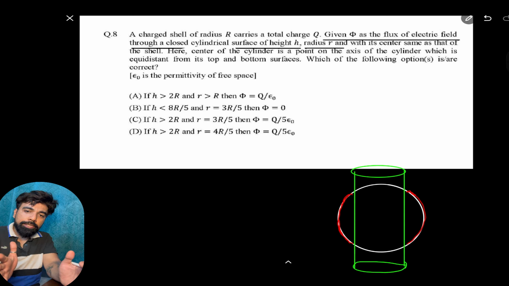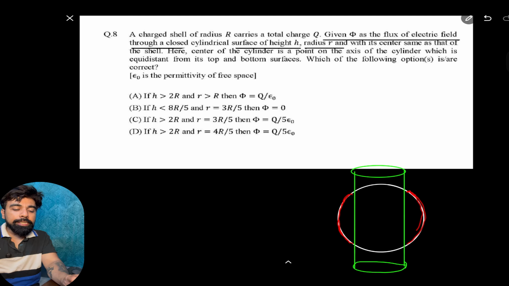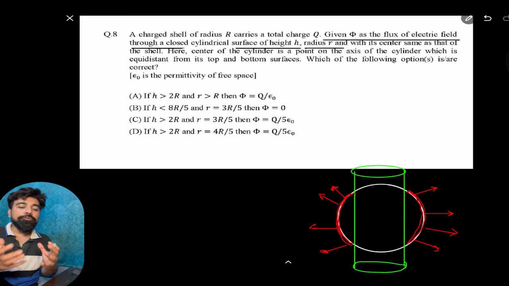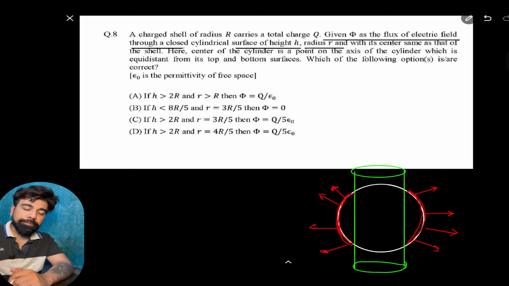What you can see from this diagram is that the charges which are outside the cylinder, their flux will obviously be radially outward, right? So these field lines are not going to pass through the cylinder. That means the red surfaces are not going to contribute anything to the flux.